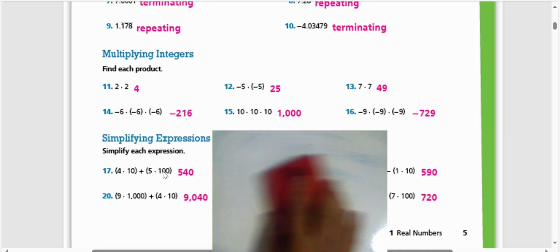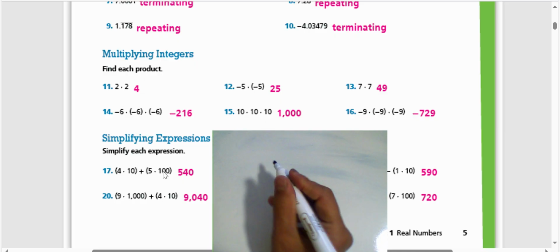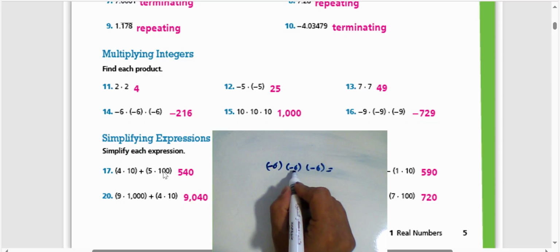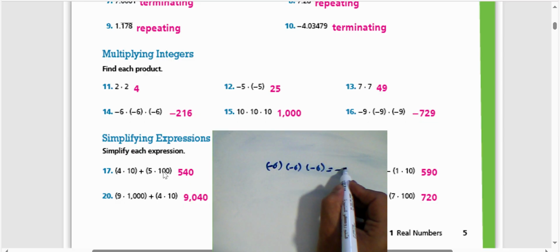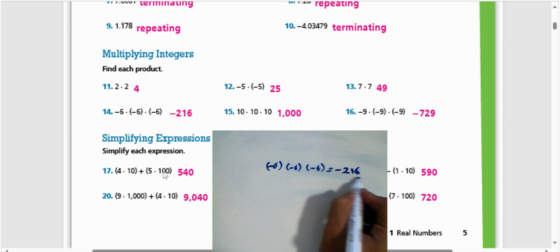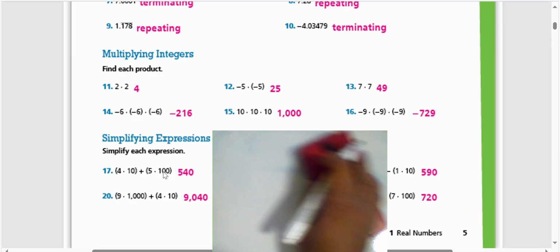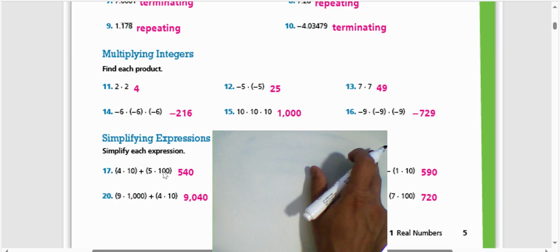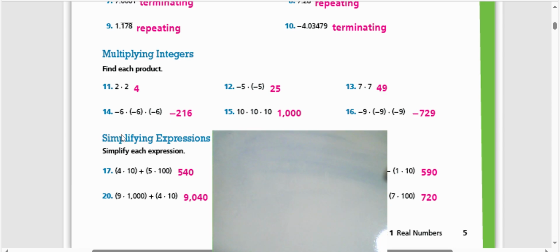And next question, we have -6 times -6 times -6. Negative times negative is positive, positive times negative equals negative, 6 times 6 times 6 equals 216. 10 times 10 times 10, 1000. 9 times 9 times 9, 729. And negative times negative is positive, positive times negative equals negative.